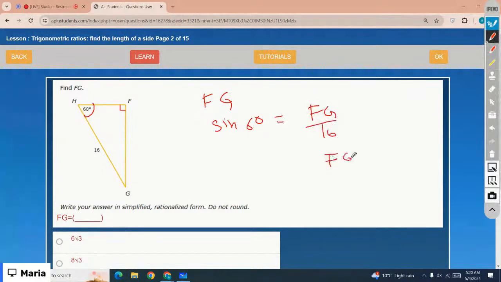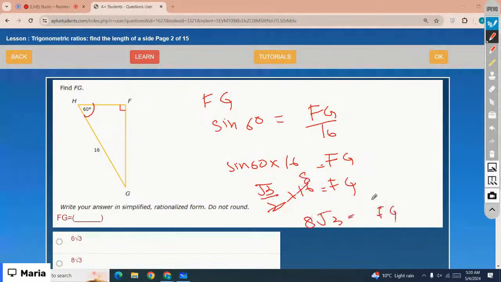So FG equals sine 60 times 16. Sine 60 is square root 3 over 2 times 16. So 2 times 1 is 2 and 2 times 8 is 16. That would be 8 square root 3. So FG is 8 square root 3.